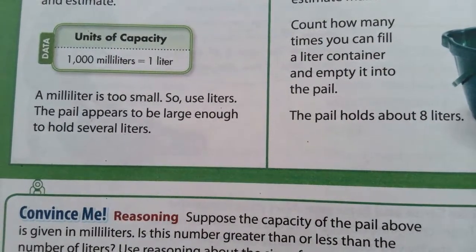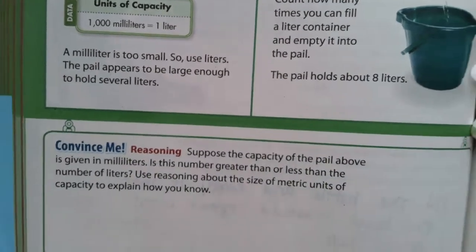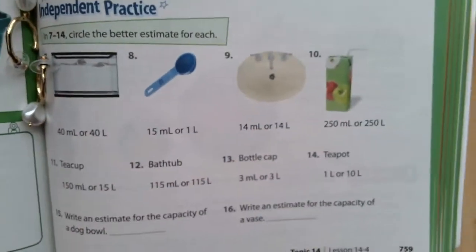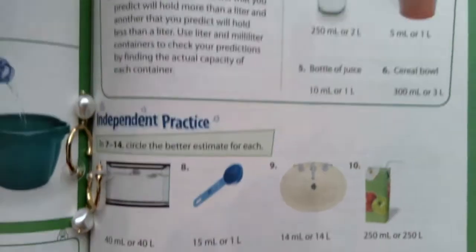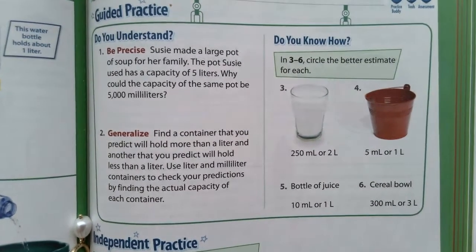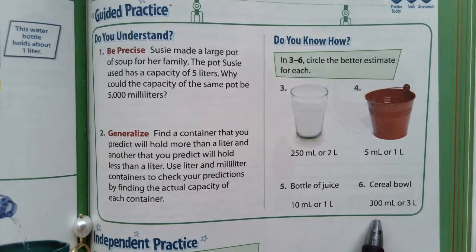And how do you know? Pause the video and answer that now. And we're going to move on to the next page. Now remember, the word estimate means to guess. When we're going through these, we will be estimating using milliliters or liters.